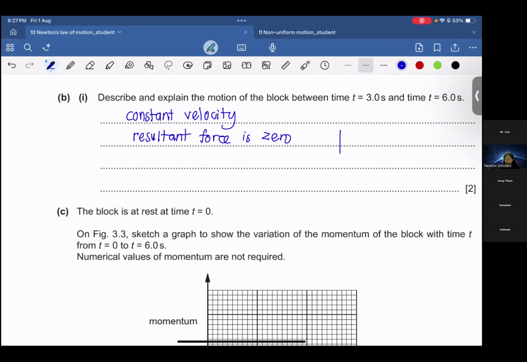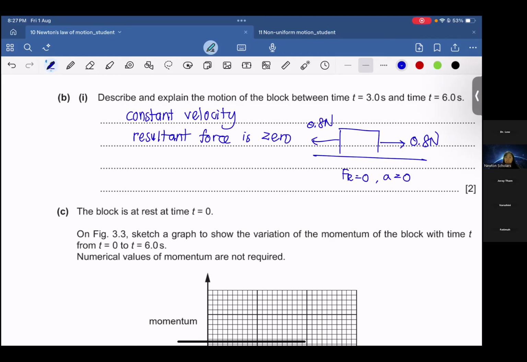So for 3 to 6 seconds, let me have a look. What is this? 0.8 Newton, so this one is also 0.8 Newton. So here this is a balanced force. Net force is 0, so your acceleration is also 0. It didn't accelerate, it didn't decelerate.